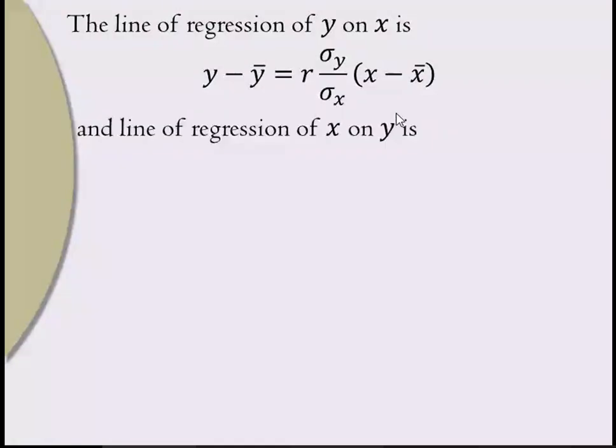And the regression line of x on y is x minus x bar is equal to r into sigma x by sigma y into y minus y bar.